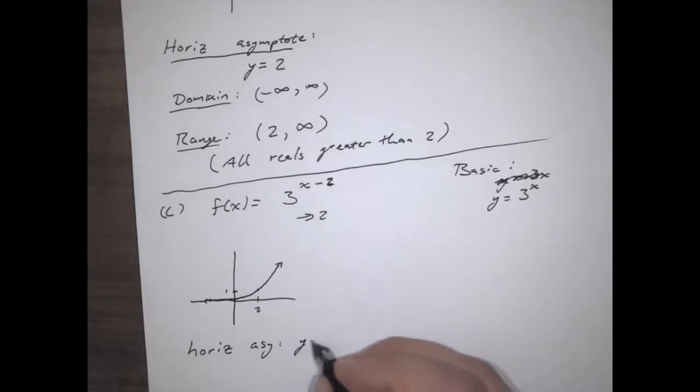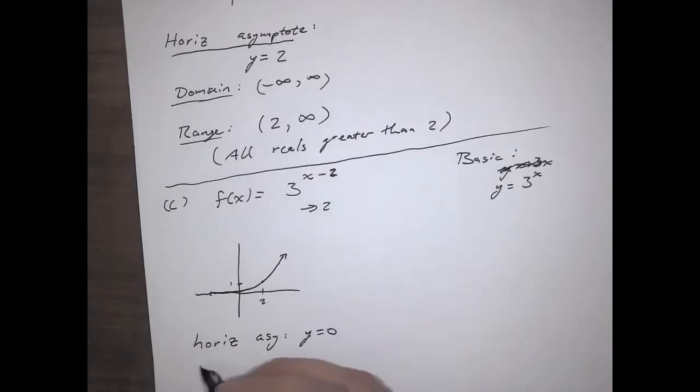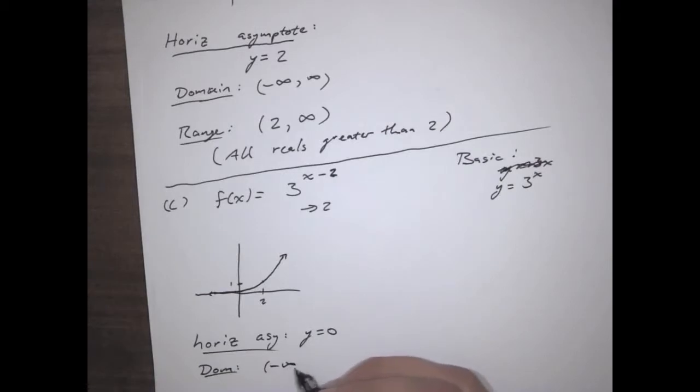Horizontal asymptote at y equals 0. The domain is still what it was. It's negative infinity to infinity. And the range is still what it was, which is 0 to infinity.